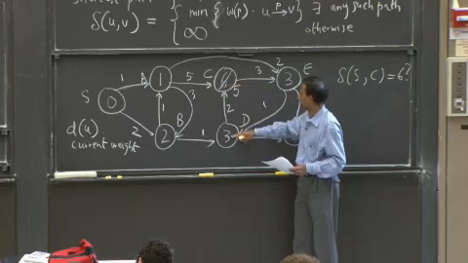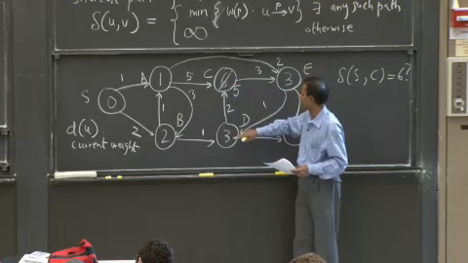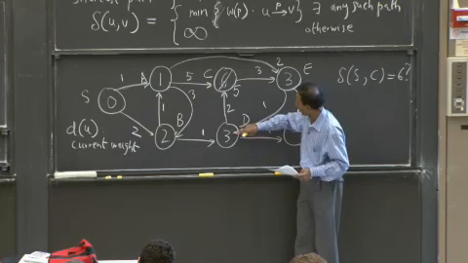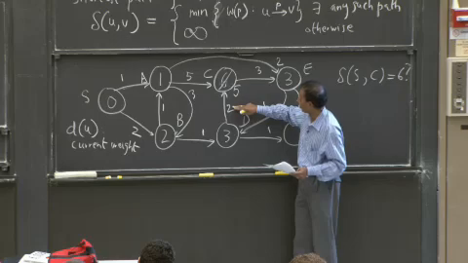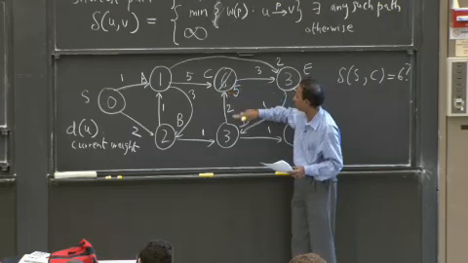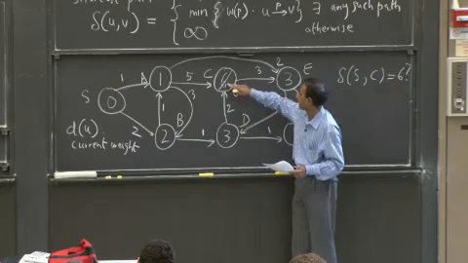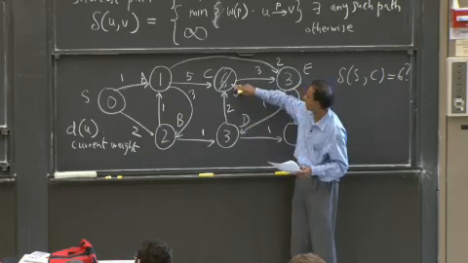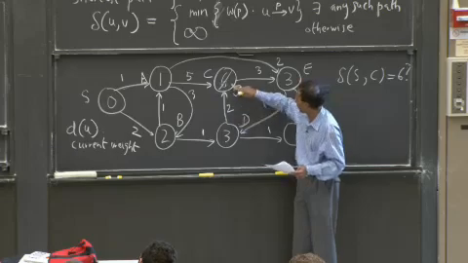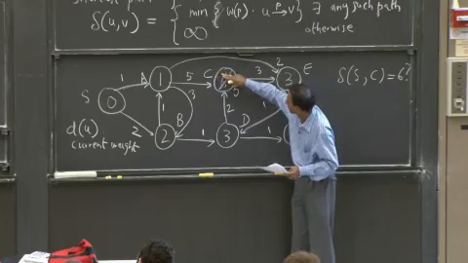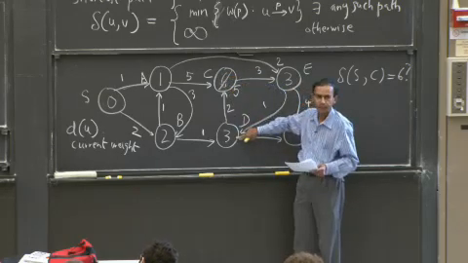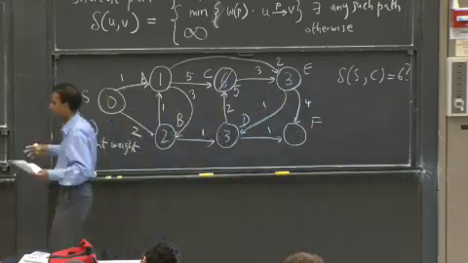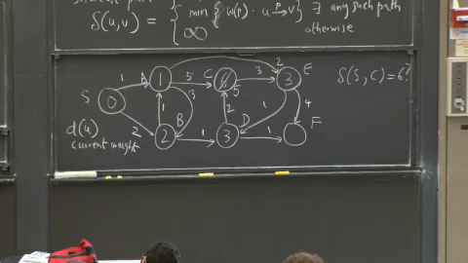On the other hand, 6 is greater than d of the vertex D, which happens to be 3, plus 2. And since 5 is less than 6, I can relax this edge and update the value of 6 to 5. All right? And then I update the predecessor relationship to have pi of C be D. Okay? That's the notion of relaxation. Fundamental notion, going to use it in every algorithm that we talk about.